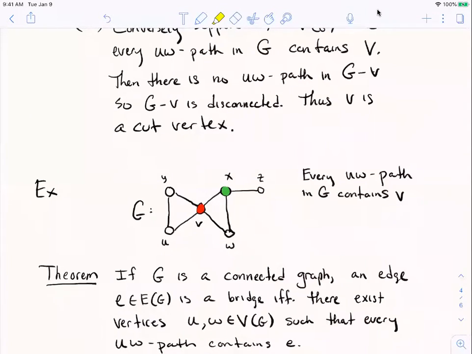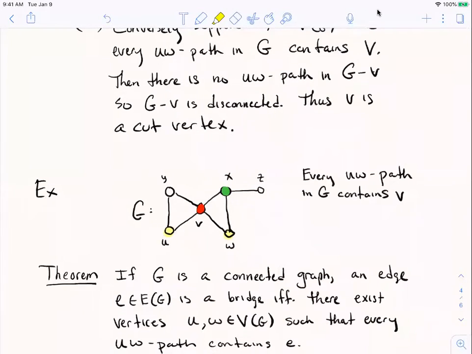And you can see there's lots of pairs of vertices, but let me use the same notation as in the theorem. Let me take U and W. Take the vertices U and W. Every single path between U and W in that graph contains V. So the theorem says that such a pair of vertices U and W has to exist if V is a cut vertex.